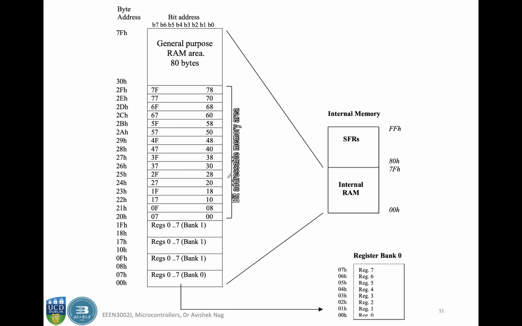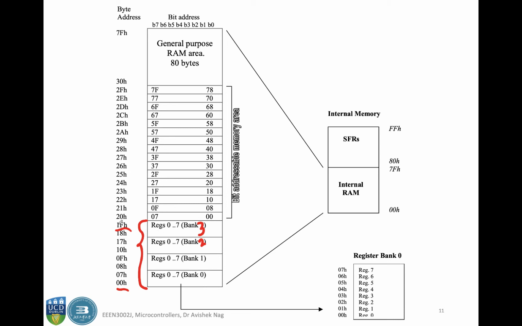Okay, so here it's shown in a more zoomed out fashion. So from 00 hex to 1F hex you have all the 32 bytes of register banks. Okay, so there are 4 register banks, 0, 1, 2 and 3, and you have 8 registers per register bank.